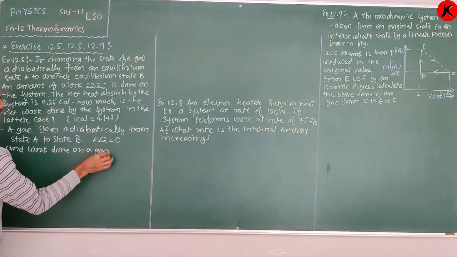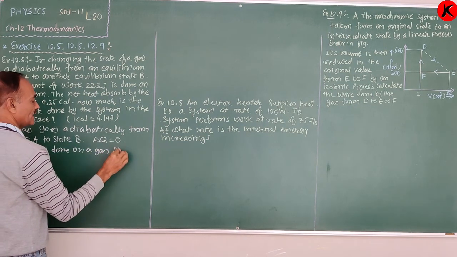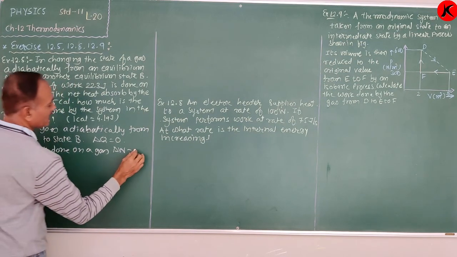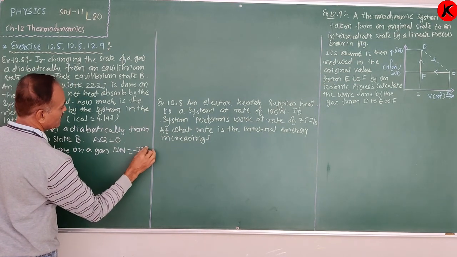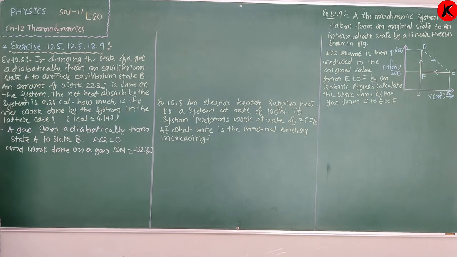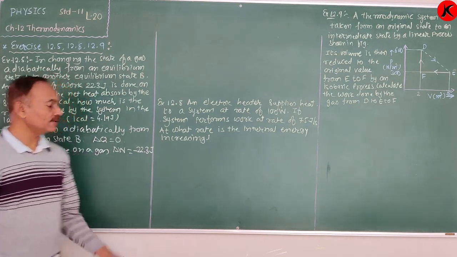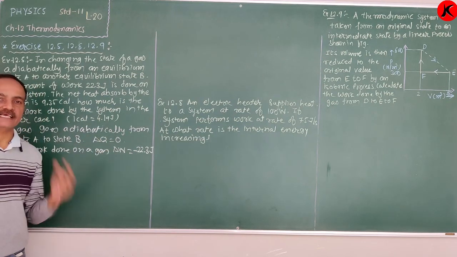Here the work done on the gas, delta W, is equal to minus 22.3 joule. According to the sign convention, work done by the gas is positive, and work done on the gas is negative.